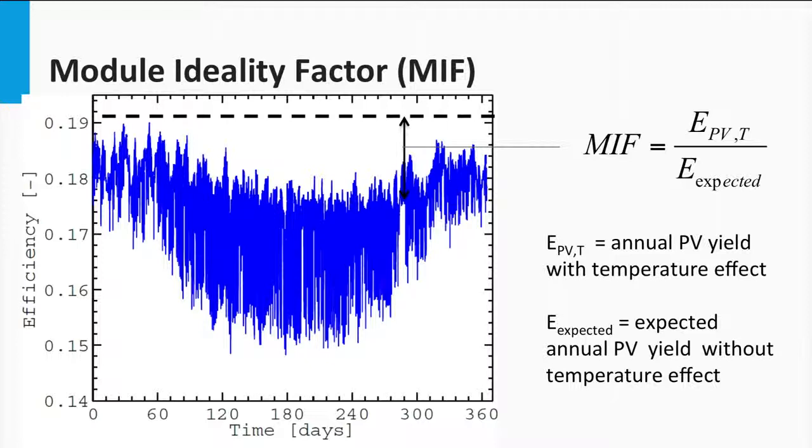This is nothing but the ratio of the actual PV yield available, taking into account the temperature effects, to the expected yield. If the module ideality factor is 80%, that means that the module has lost 20% of its annual energy yield due to temperature effects. If the module ideality factor is 100%, that means the module is immune to temperature changes.